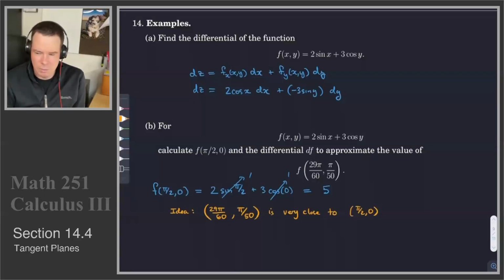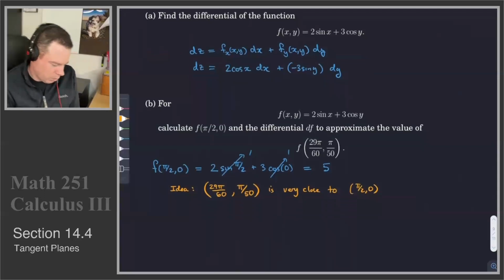If I know the rate of change in the y direction, I can multiply that by pi by 50 and get the rough change in the z value by moving a little bit in the y direction. So I can incorporate those additional changes into the picture as well. So I expect the value to be close to 5, but with some little adjustment factors based on the rates of change. And so what are those adjustment factors?